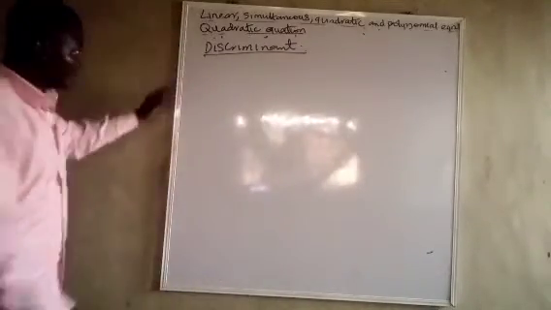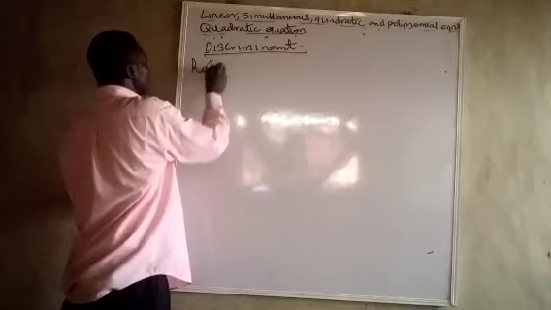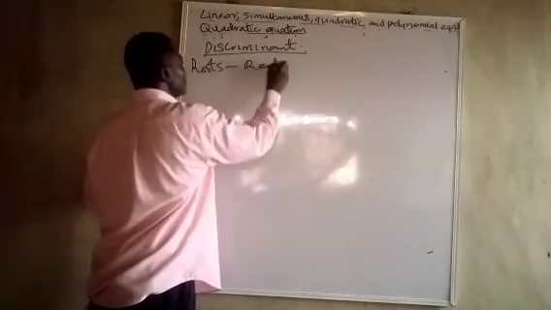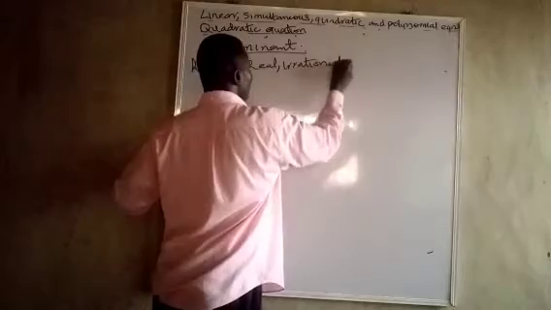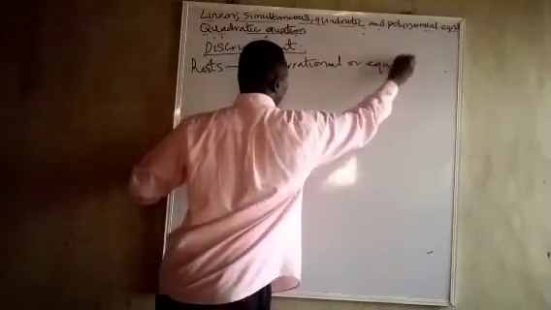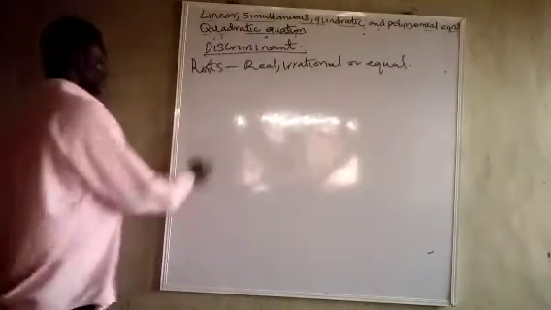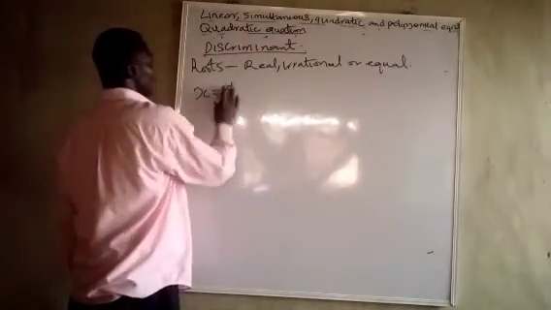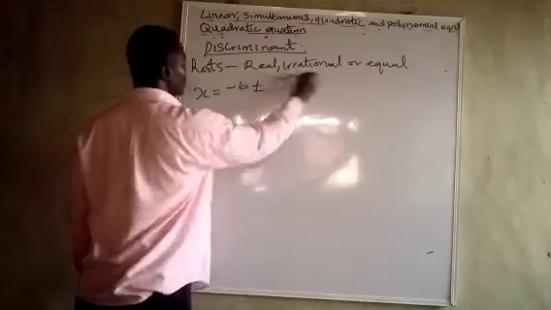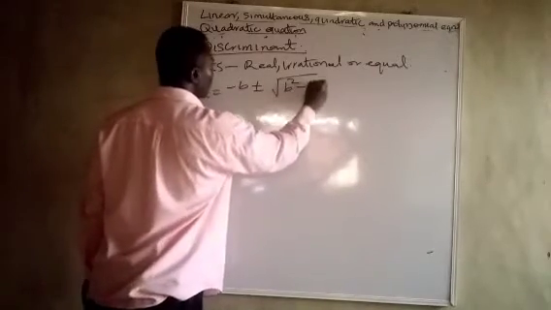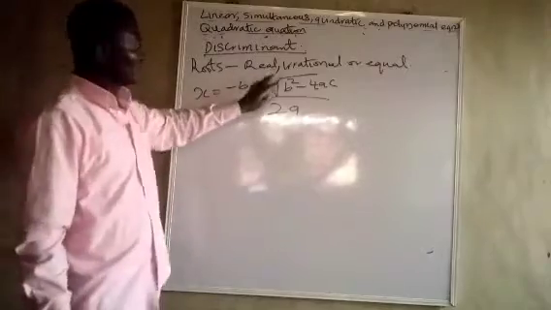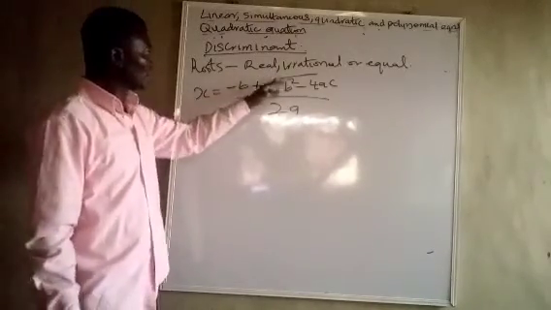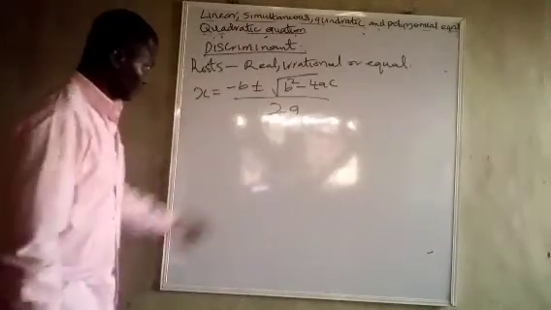This is what will determine if the roots will be real, irrational, or equal. That is when we have a perfect square. Look at this equation: x equals minus b plus or minus root b squared minus 4ac over 2a. This is where we determine whether the roots will be equal, irrational, real, or whatever.